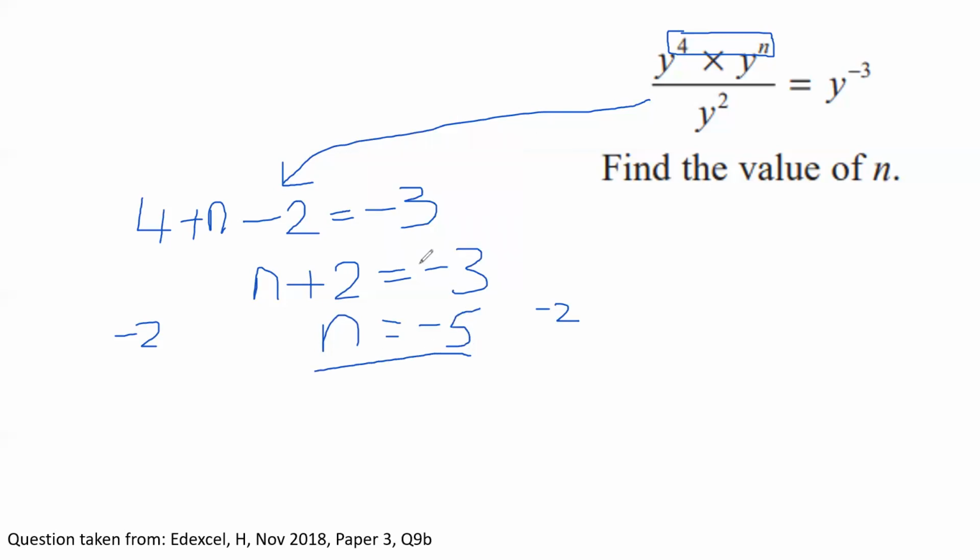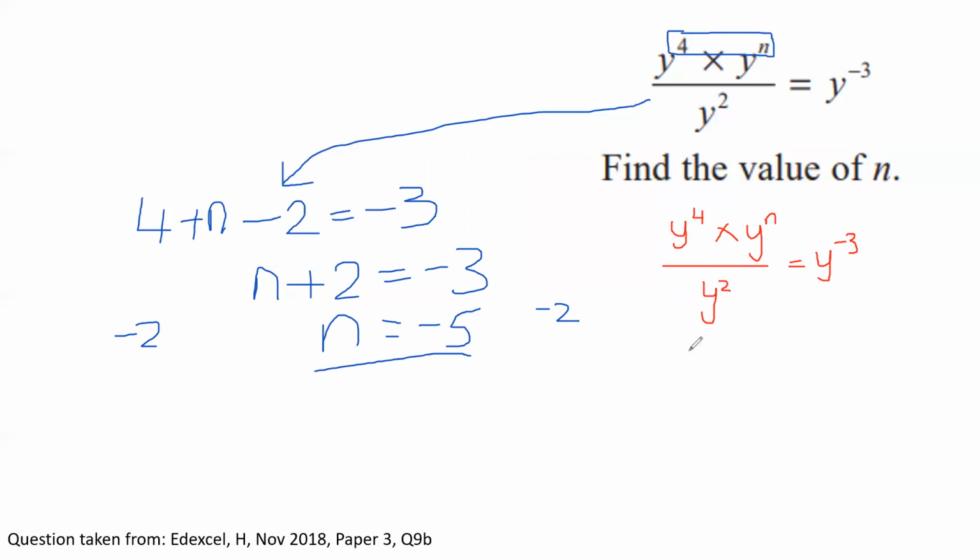So this is one way of doing the answer. This is probably the simplest way of doing it because we're only adding and subtracting, so we're not doing anything too complicated. But equally, I think it does take a little bit of a jump to go from seeing these indices here and knowing that we can apply them in this way. So another way we can do it is we can just solve it as an algebraic equation. We've got y to the power of 4 times y to the power of n over y to the power of 2, and that equals y to the minus 3.